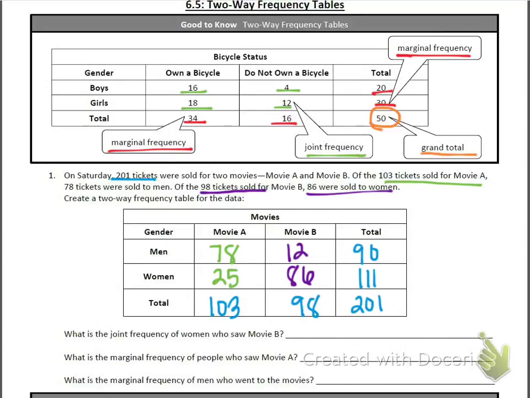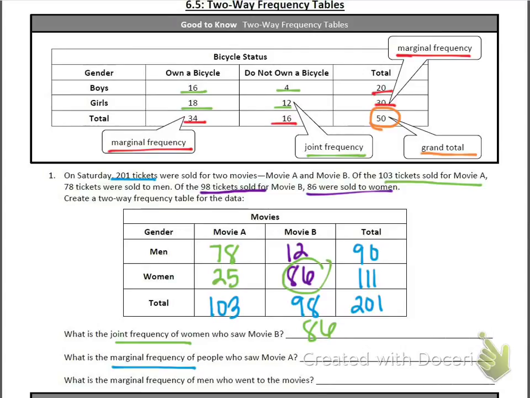So then my question is, what is the joint frequency of women who saw movie B? So that means I'm looking inside the table of the women who saw movie B. How many women saw movie B? 86. What is the marginal frequency of people who saw movie A?